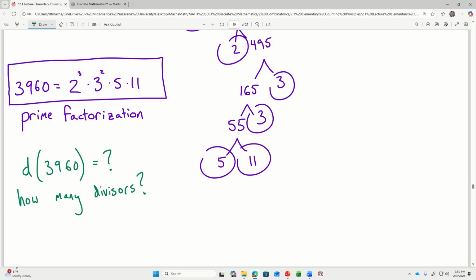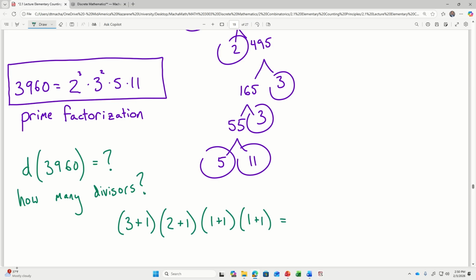Okay, so the theorem we were just talking about said I need to take each one of the powers on the prime factors and add 1, like 3 plus 1, and multiply them, times 2 plus 1. 5 is raised to the 1 power, so that would be 1 plus 1. And then 11 is raised to the 1 power, so that would be 1 plus 1.